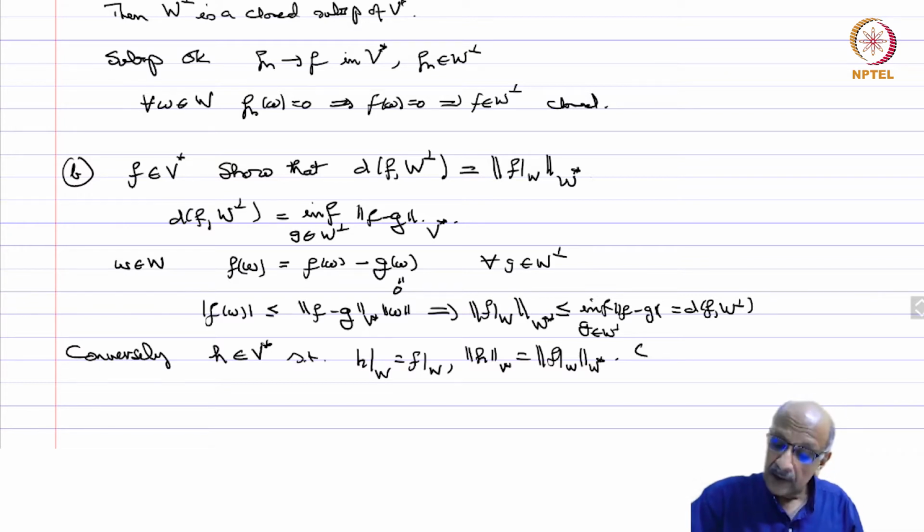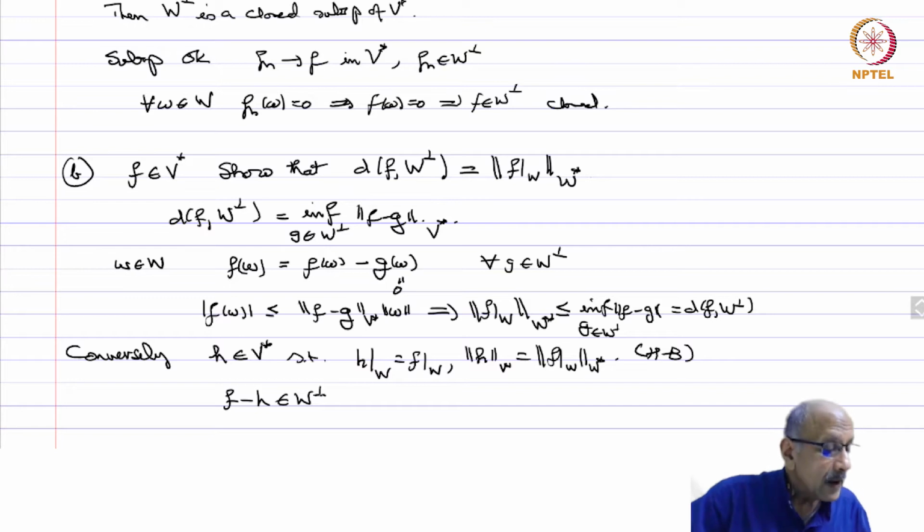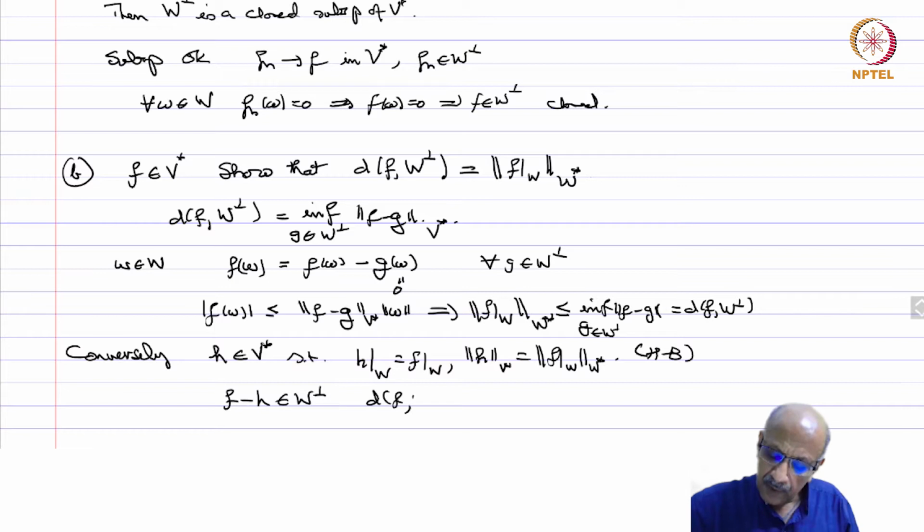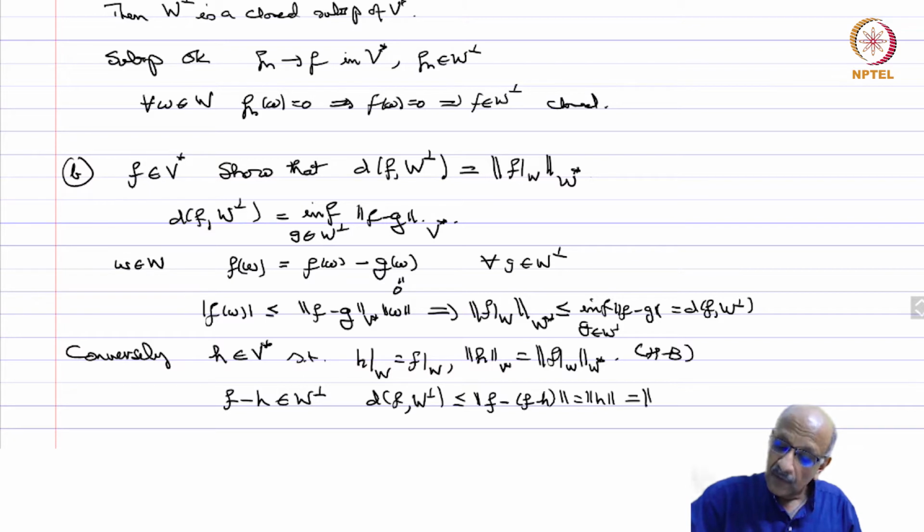This is just Hahn-Banach applied to f restricted to W. Then f minus h, both of them are agreeing on W, so this belongs to W perp, and you have d(f, W perp) is therefore less than or equal to norm of f minus h, which is equal to norm h, and that's equal to the norm of f restricted to W in W star.